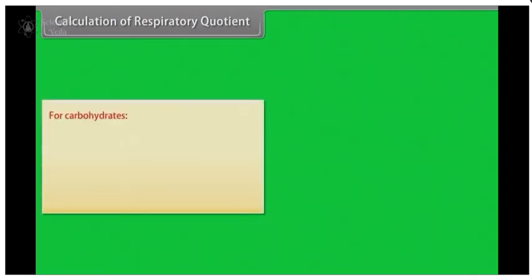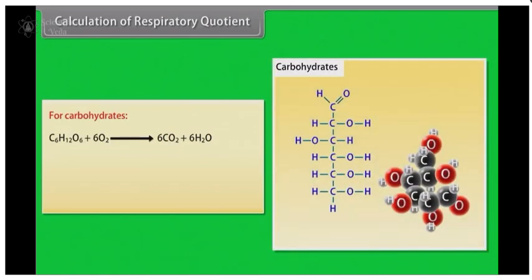Calculation of respiratory quotient. For carbohydrates, C6H12O6 plus 6 O2 gives 6 CO2 plus 6 H2O. Respiratory quotient can be calculated as 6 CO2 by 6 O2, which is equal to 1.